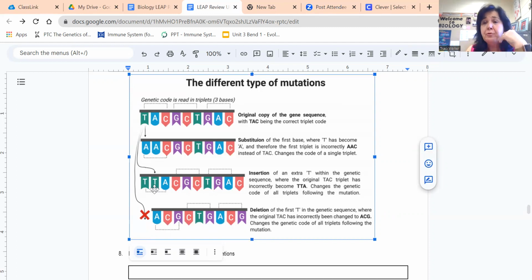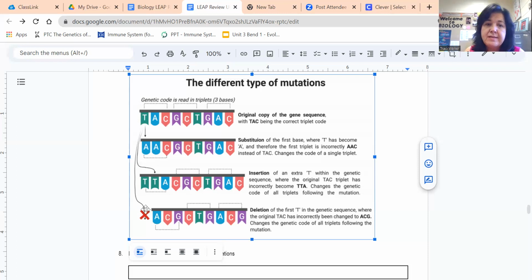Because remember, every 3 letters is a codon for a particular amino acid. So in the original, we needed TAC. And that's not going to be the same as TTA, right? So instead of TAC, GCT, it's going to be TTA, CGC, and then TGAC. So this first codon is going to be wrong. It's going to be for the wrong amino acid.